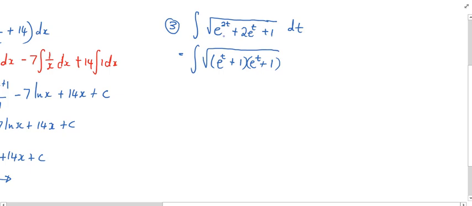So e to the power of t times e to the power of t gives us e to the power of 2t. E to the power of t times 1 gives us e to the power of t. Another e to the power of t times 1 gives us another e to the power of t. So when you add those two, that will give you a middle term. 1 times 1 will give us 1. So our factors are correct.